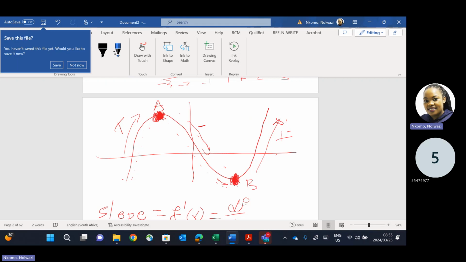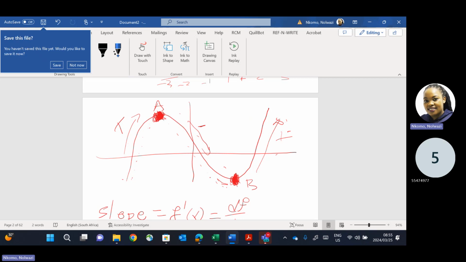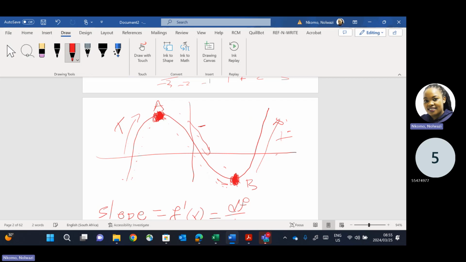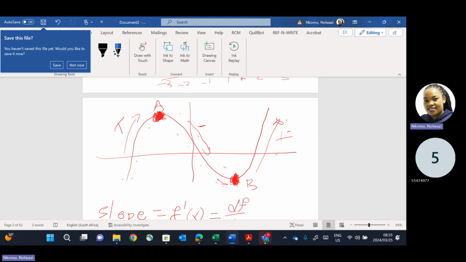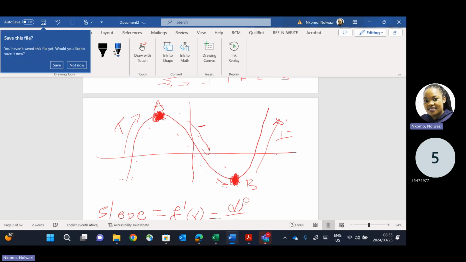Try and plot those on a new axis. Since this is the maximum and this is the minimum, for you to get to the minimum, your function must be decreasing. So from here to here, you have a decreasing interval. From here to here and from here to here, those are your increasing intervals.